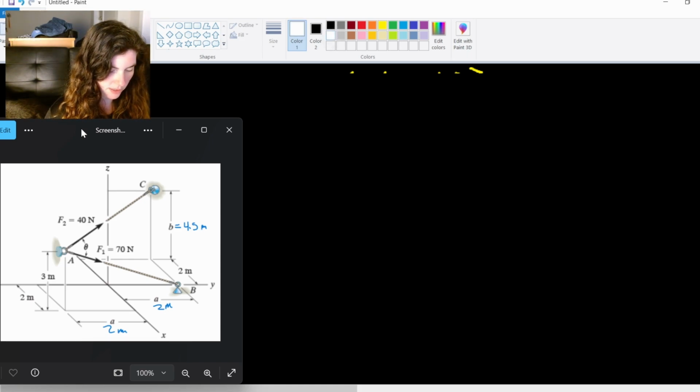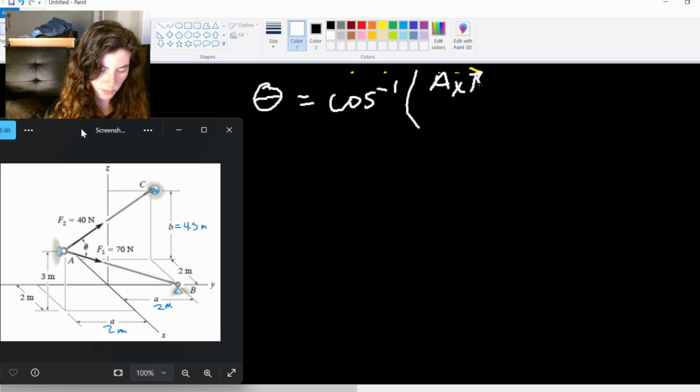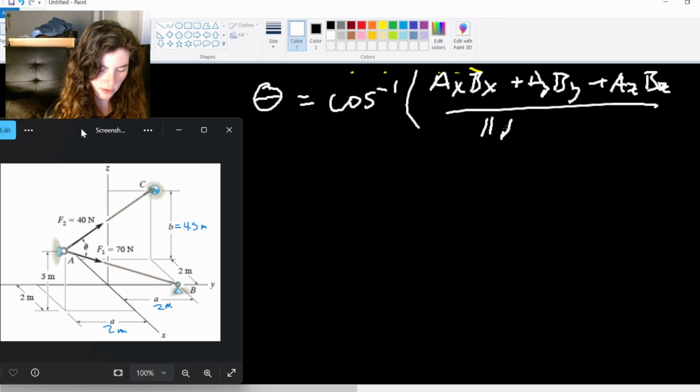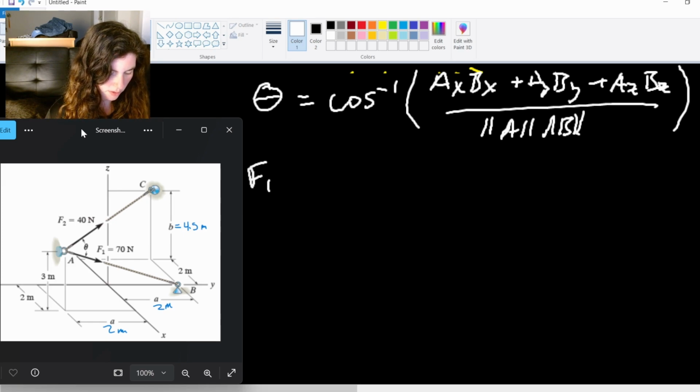As you'll recall at the beginning, the angle theta is the inverse cosine of the dot product, AX BX plus AY BY plus AZ BZ, all over the magnitude of A times the magnitude of B. Now that we've found each of those components for F1 and F2, I'll write them again here.